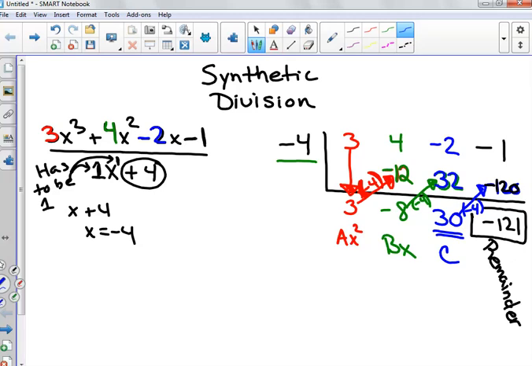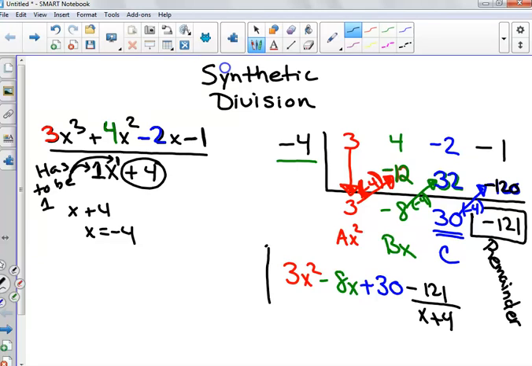So I would write my answer as 3x squared minus 8x plus 30, then with the remainder of negative 121 over what I divided by, which would be x plus 4. All right, and this would be my answer.